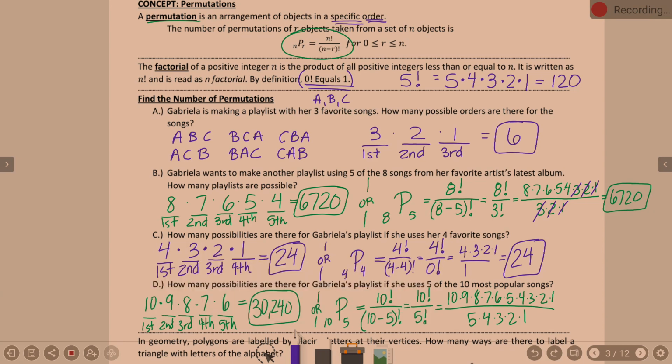Yeah, 5, 4, 3, 2, 1 are all on top and bottom. Do the numbers you have left match? Yes. We have the 10, 9, 8, 7, 6 that we had on the first one, yes? What's this come out to be? 30,240. Okay?